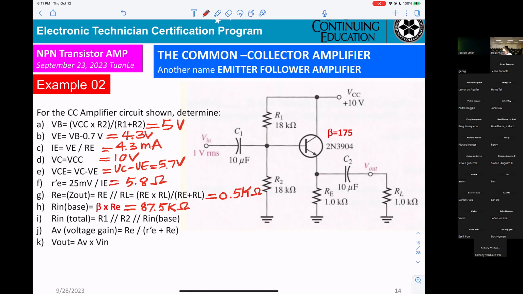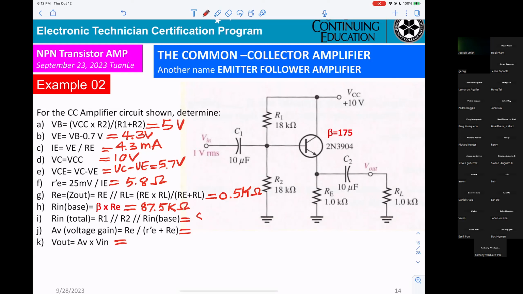R in total. That means R1 parallel R2 parallel R in base. You just do the calculation for me. Is that like 8.16? You say 8.16 kilo.